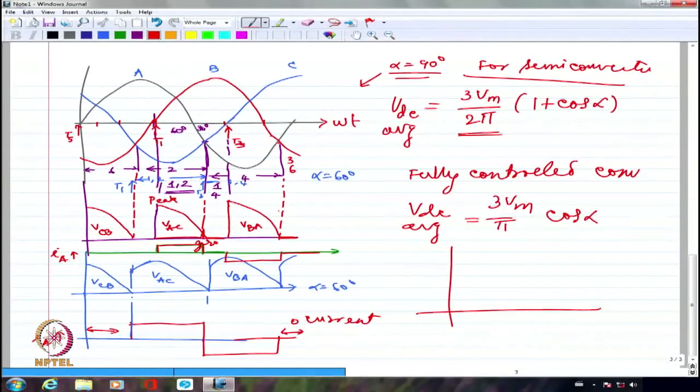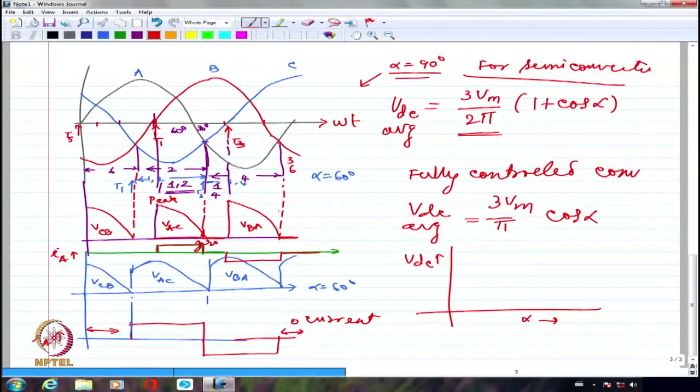So, if I say that this is my alpha and this is the VDC, I will have the VDC average, I will be getting a higher value for the semi-controlled converter, whereas for the fully controlled converter, I will get much lower value because of the fact that I have 1 plus cos alpha expression in my semi-controlled converter, whereas I have only cos alpha expression for the fully controlled converter, right?